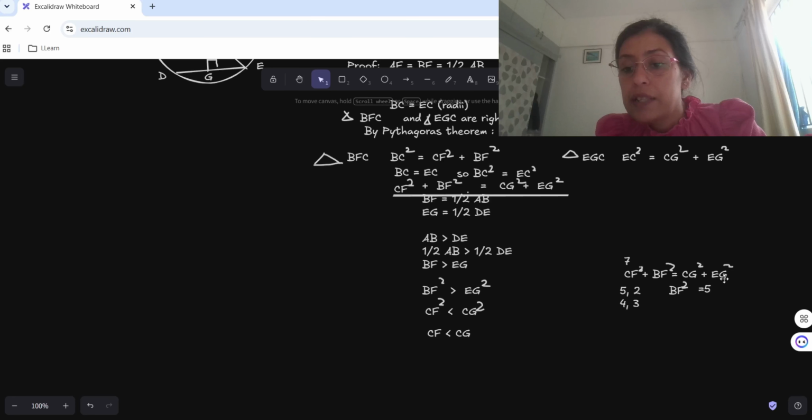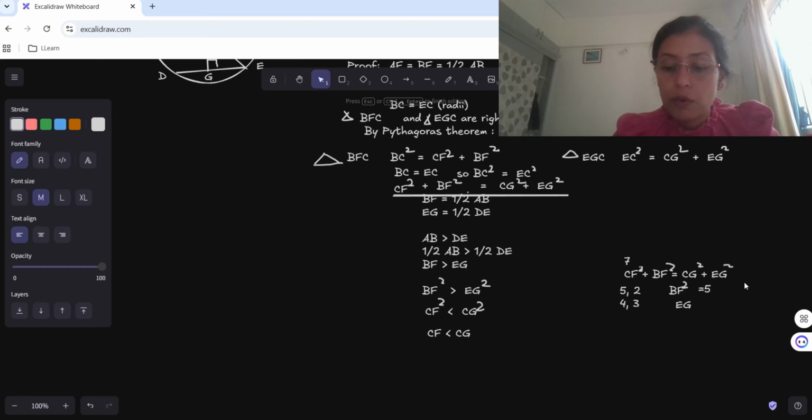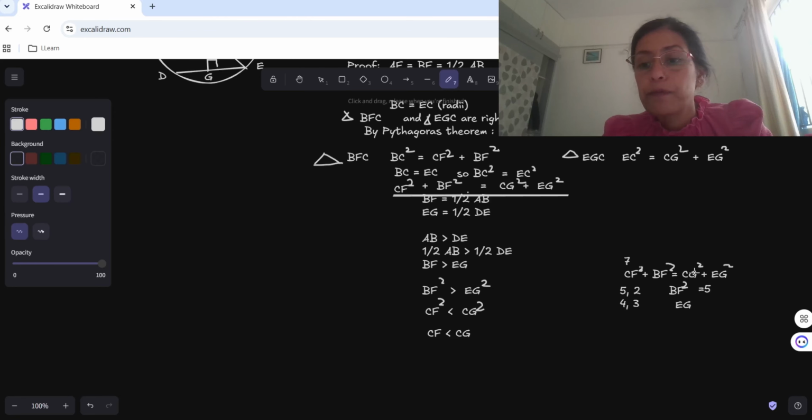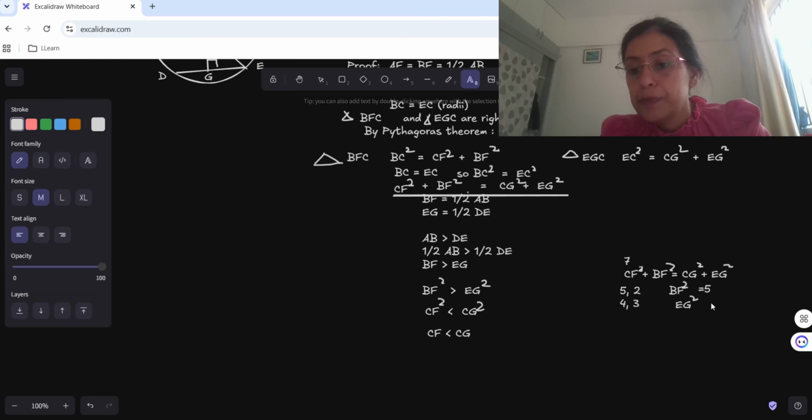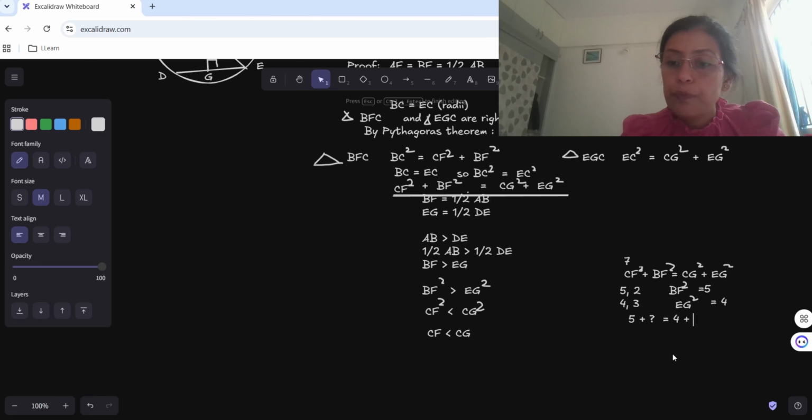So the other one, I'll take EG square as 4, right? So now in this case, I have to add something to 5 to make it equal to 4 plus something, right?